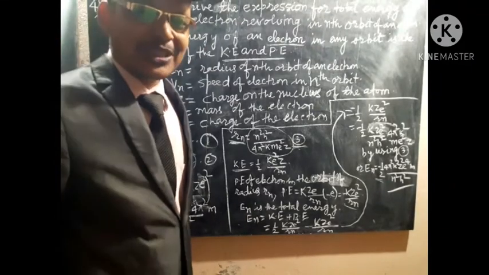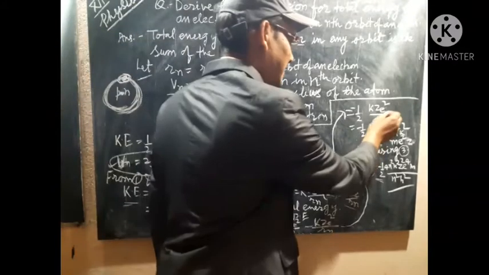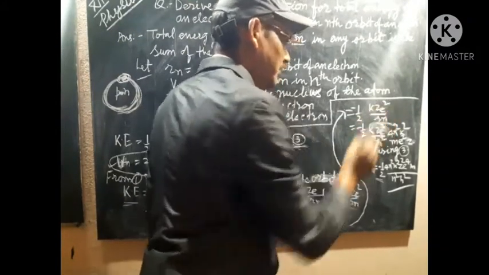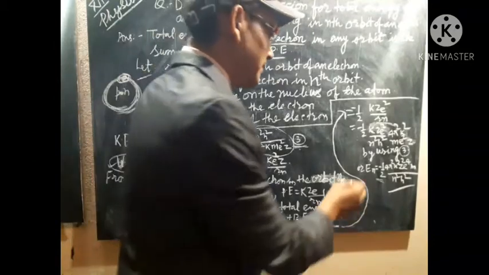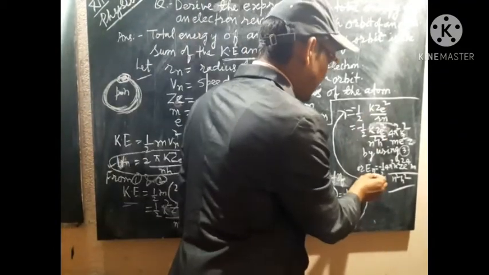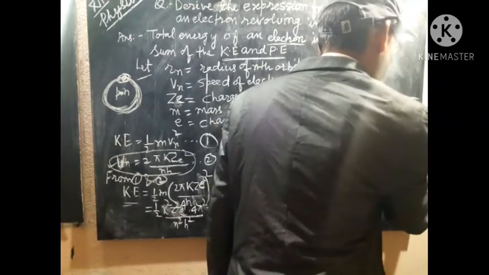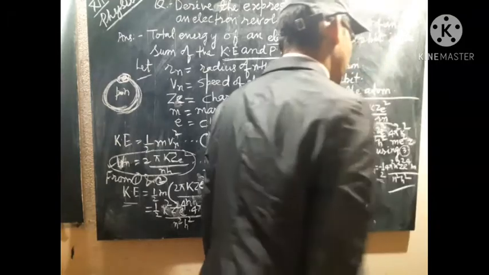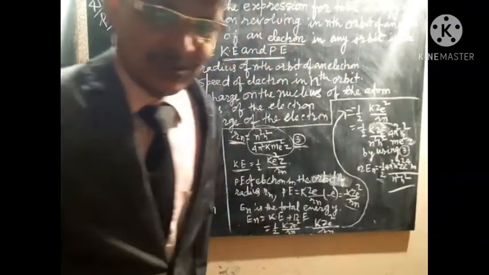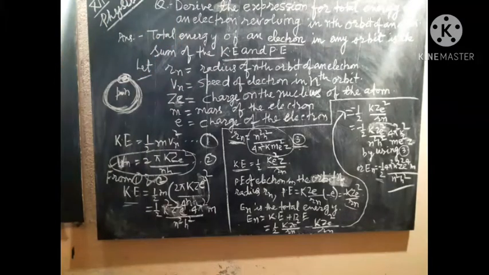Then finally you may write En is equal to minus half 4 pi square k square Z square e to the power 4 m by n square h square, by using equation 3. This is the expression for total energy of an electron revolving in the nth orbit of an atom.